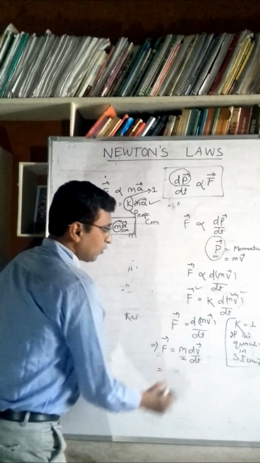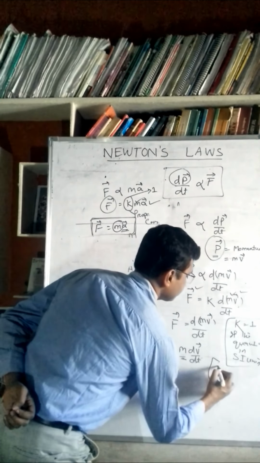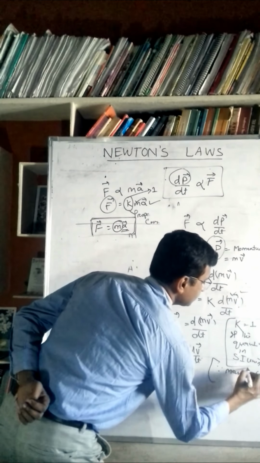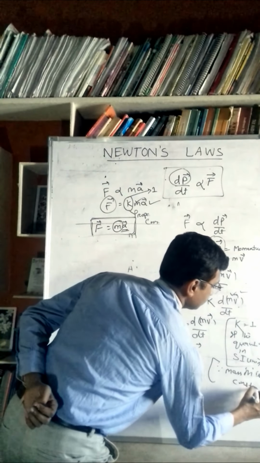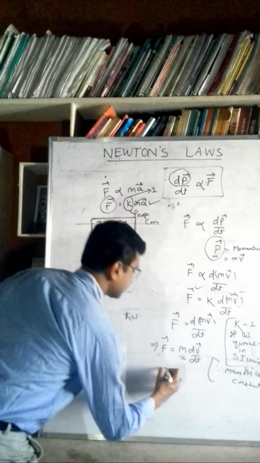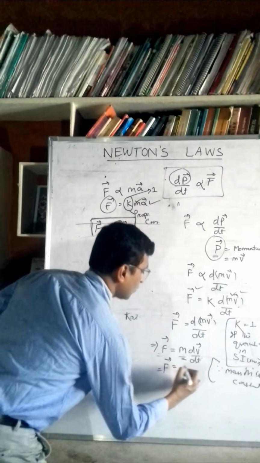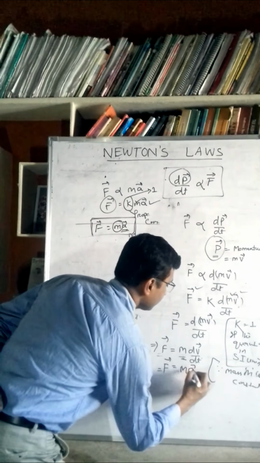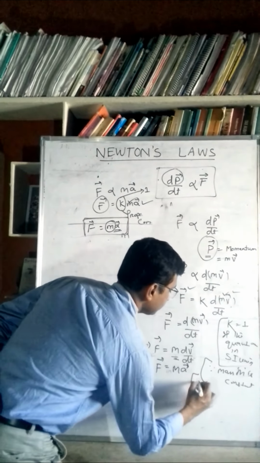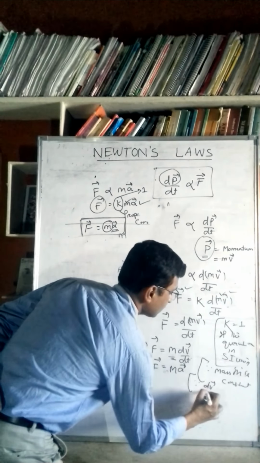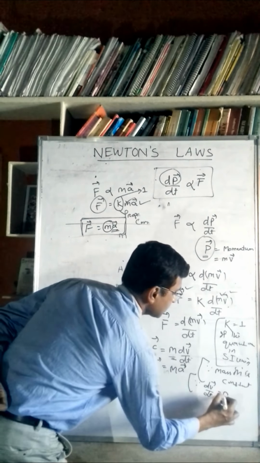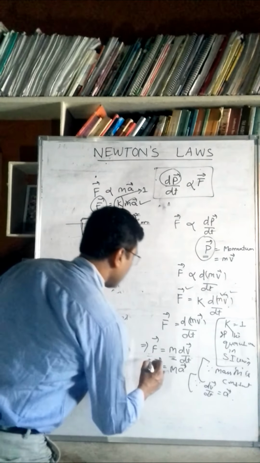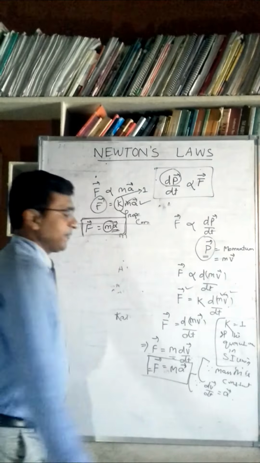We have taken m out because mass m is constant. So F is equal to ma, where the derivative of velocity with respect to time is the acceleration a produced in the body. So in this way also we got F is equal to ma.